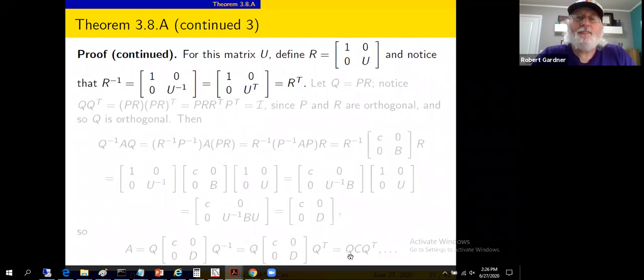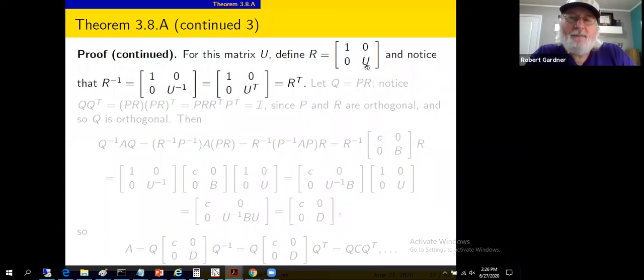Okay. We're going to define, I warned you about this, some more matrices. Should be easy enough to follow, but what inspires this? Not so inspired, actually. For this matrix U, this n minus 1 by n minus 1 matrix U that we were just discussing in relationship to matrix B, define matrix R to be this partition matrix.